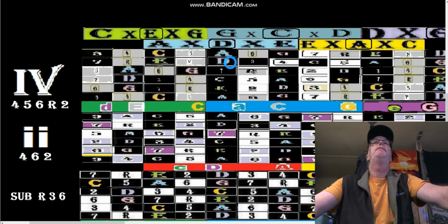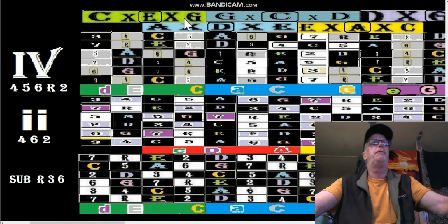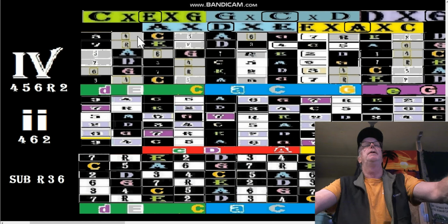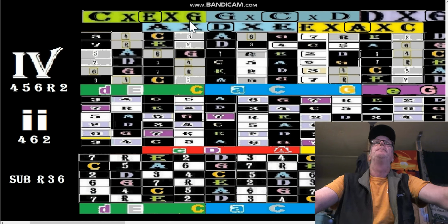When we go to the 4th shape of that 1 shape, so for instance with the C box in the tripentatonic 1, 4, 5, so it's C, E, G. In this case it spells a major chord, but it's really 1, 4, 5. We just don't realize that.